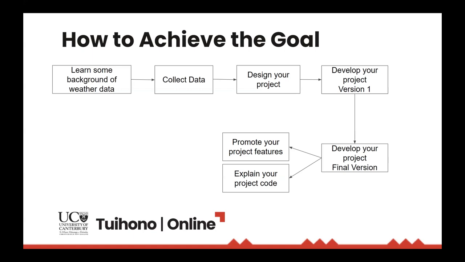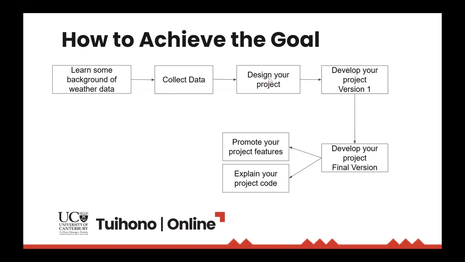Since you work in an industry, you have to learn some background of the industry first, and then you will know which metrics you are concerned about, which is the goal. And since you know your goal, then you should collect some data. And then you need to design your project.